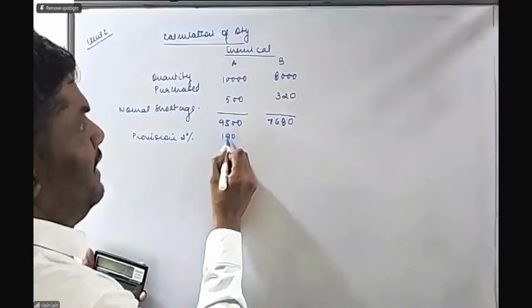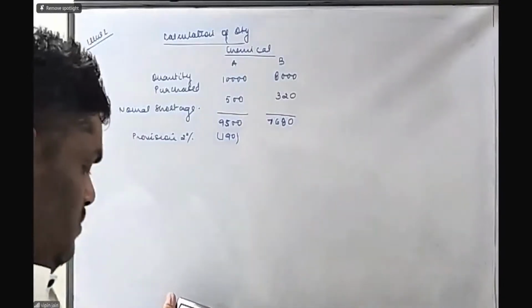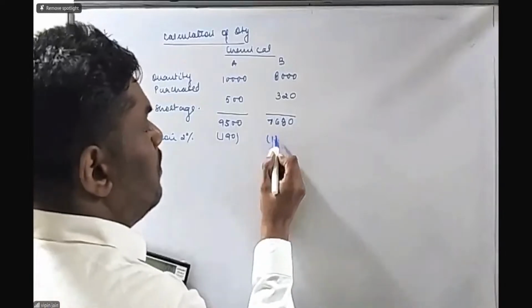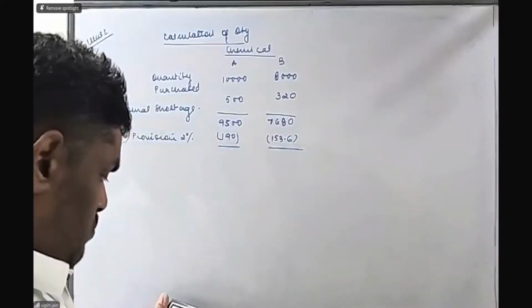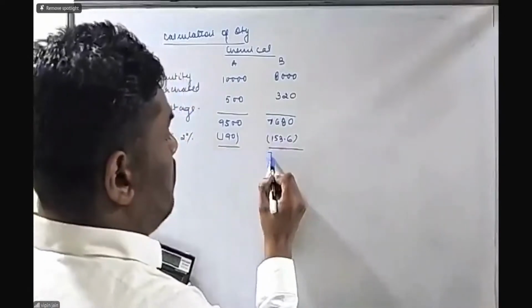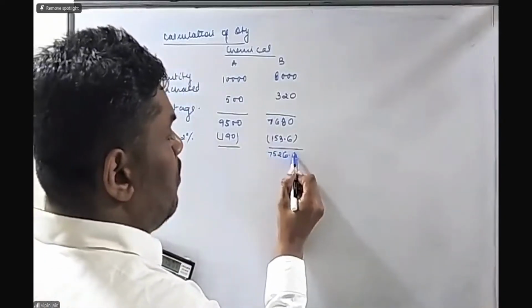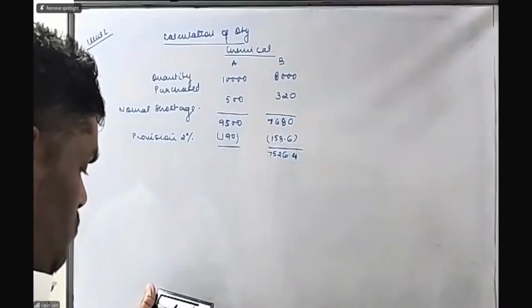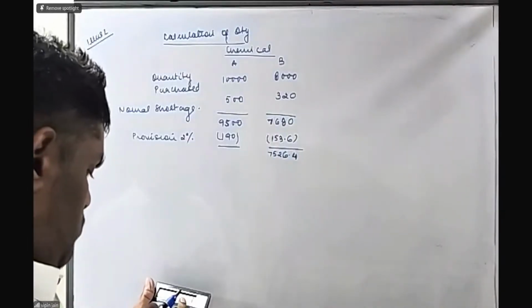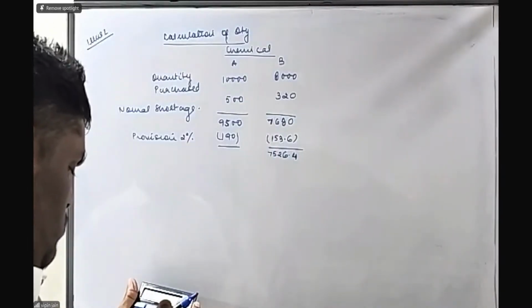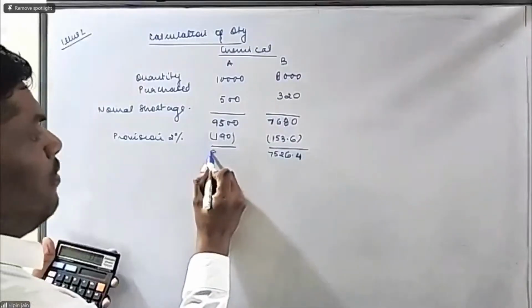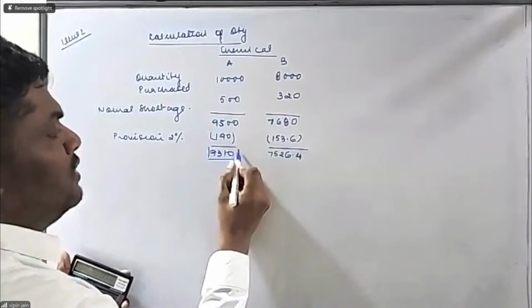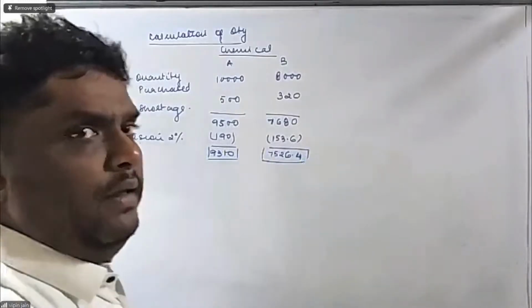That is 190 in case of A. So this is the net quantity in our hand.